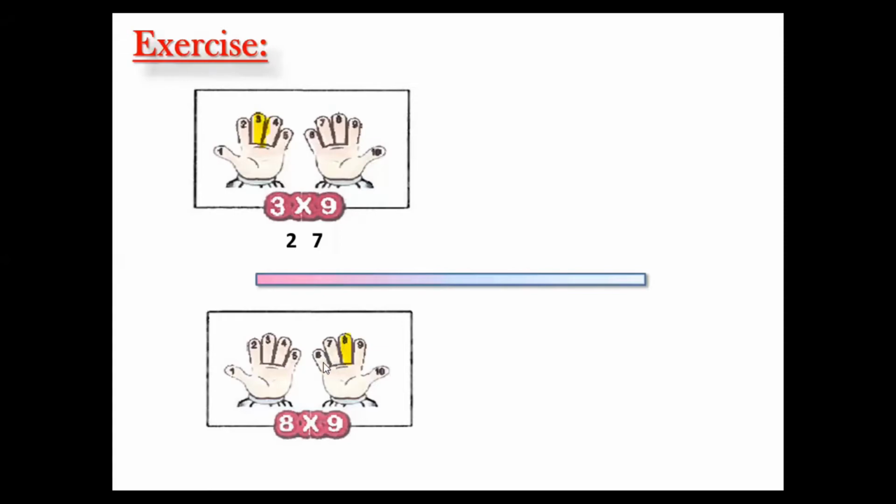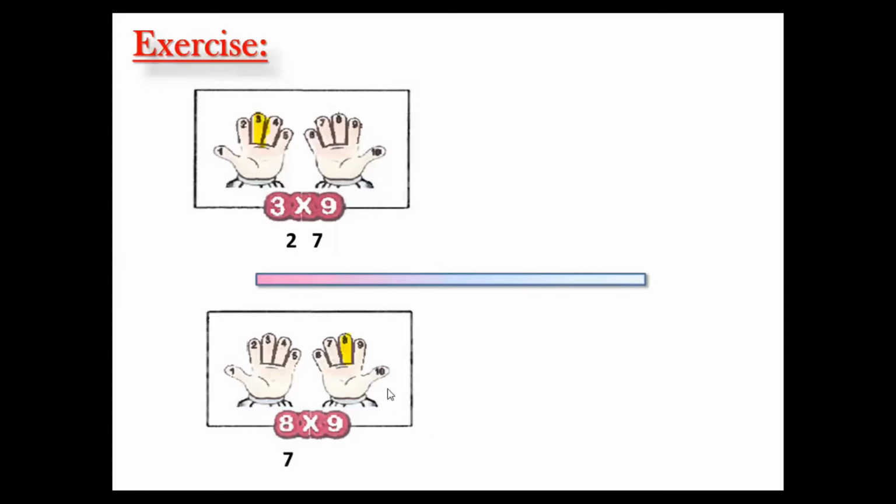We count all fingers before the eighth finger from the left hand. Let's start to count how many fingers are there before the eighth finger. We have here 1, 2, 3, 4, 5, 6, 7. So we will write number 7 in the tens digit of the product.